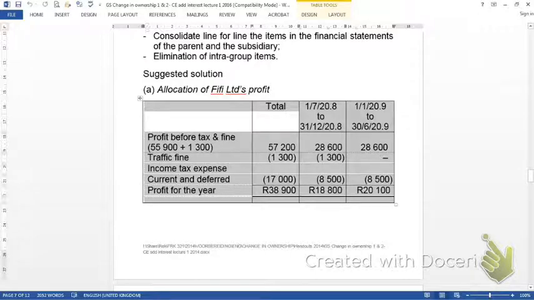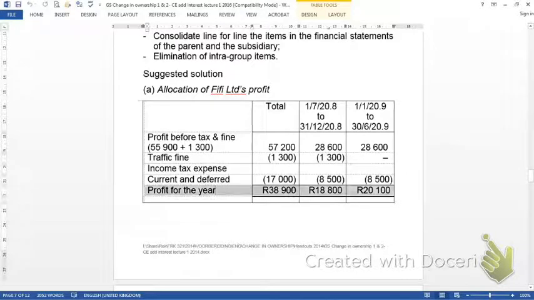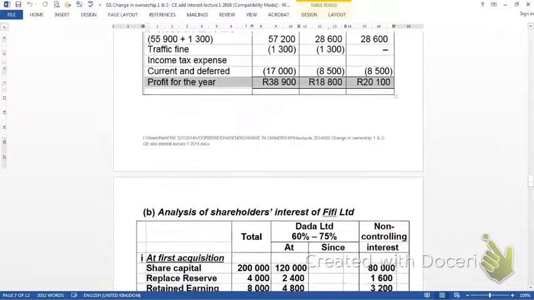You take that amount, split it between the two periods, then deduct the traffic fine in the correct period, allocate the tax between the two periods of 6 months each, and then you will get a profit for the year divided between the two periods. The period 1 July to 31 December 20.8, and then 1 January 20.9 to 30 June 20.9. That is now your starting point for your current year profit.